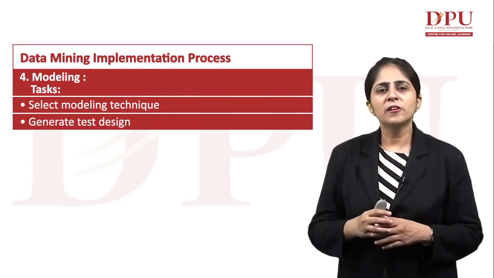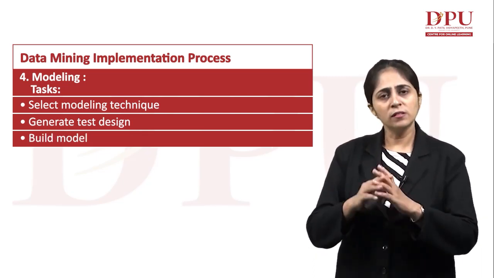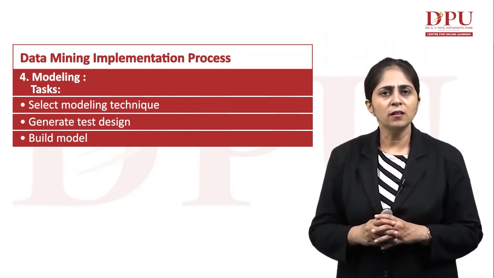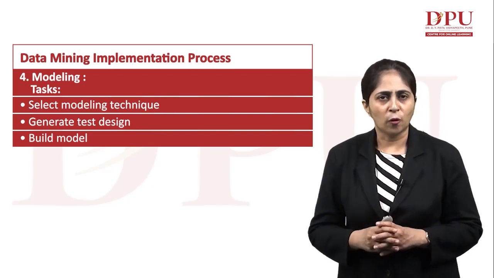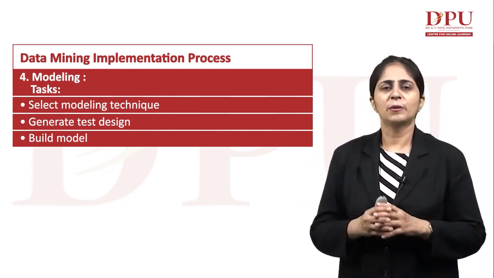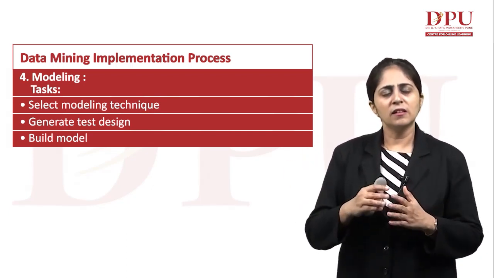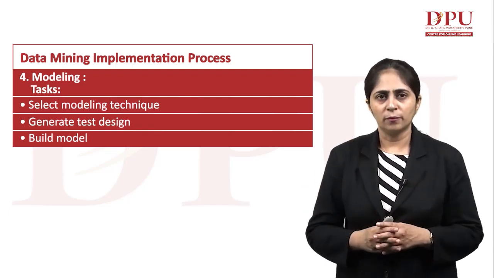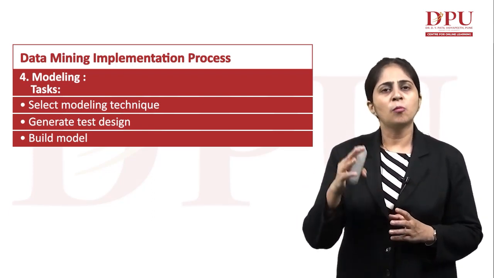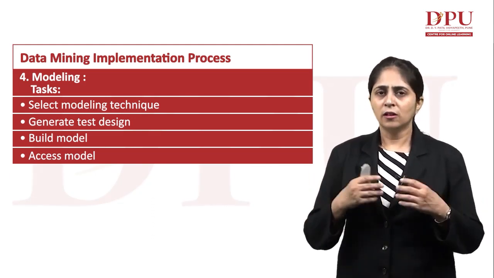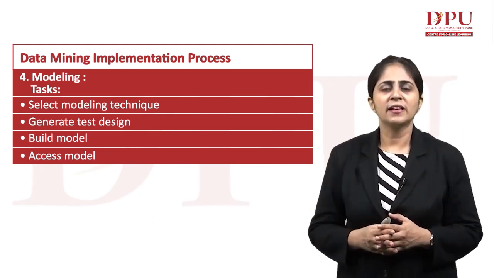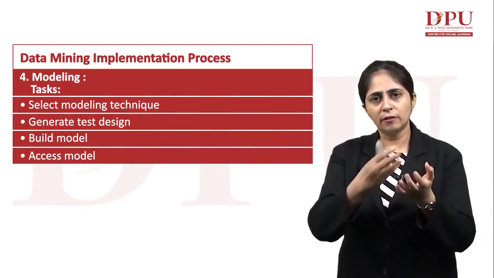Now the third step is to build the model. Once the designing of the model has been done and the test design has been generated, we need to build our model for that particular data. And the last step in this modeling would be to assess the model. Assessing the model does not mean that once the model has been created for our data, we can just let it run.